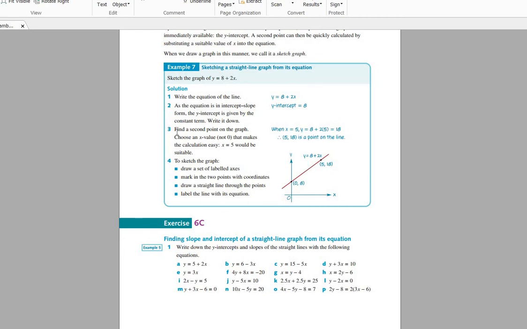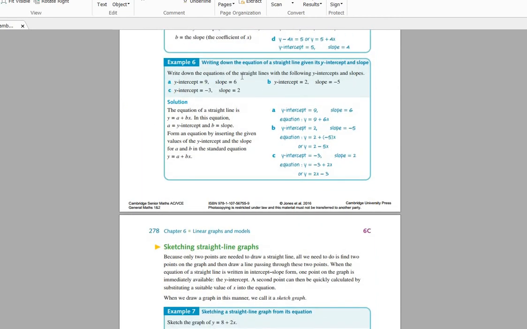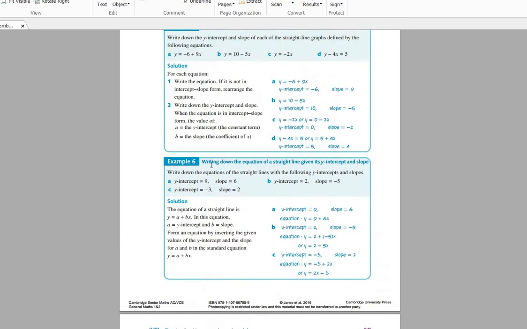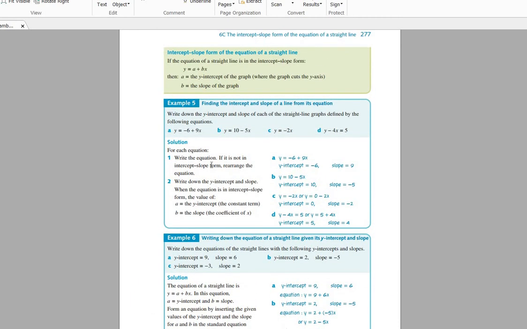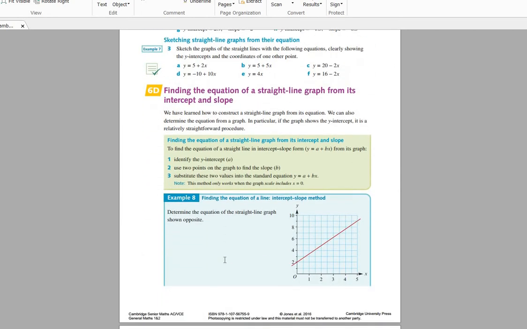So that is how you plot the graph for any given line. And if you're given slope and intercept as 2 single numbers, you create the equation of the line, and if you're given an equation, you can easily find the slope and the intercept.